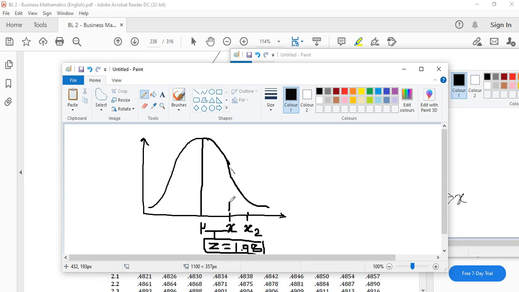X, where is it stopping? If you put a line like this, it stops here, right? Now this 1.98 is the gap from the mean. It is not the gap from anywhere else. It will never ever be. It will always be the gap from this middle value, the mean.